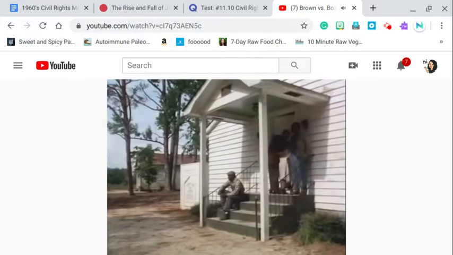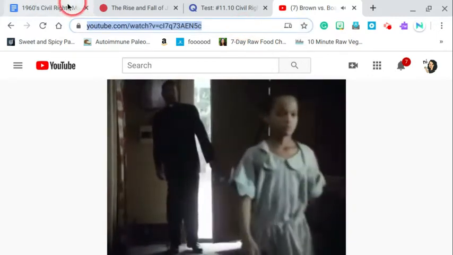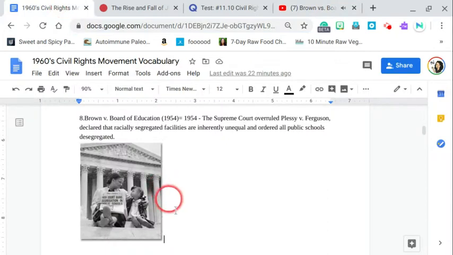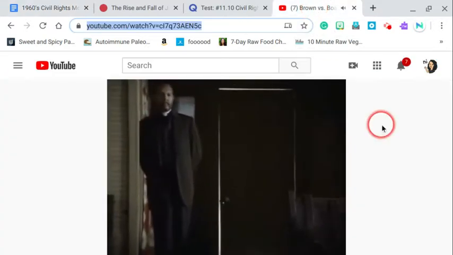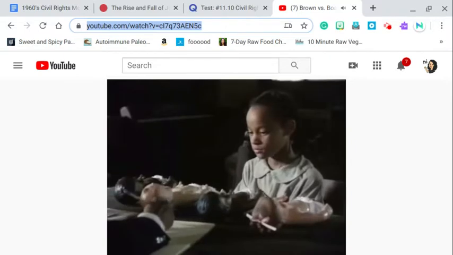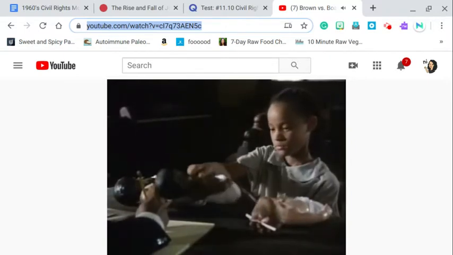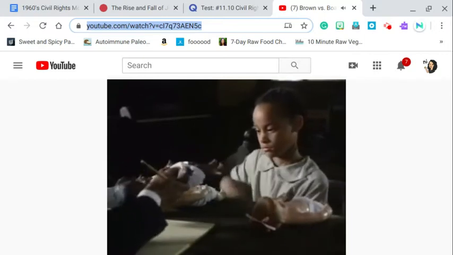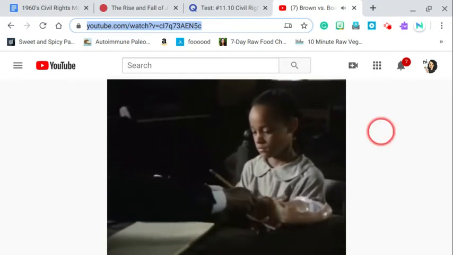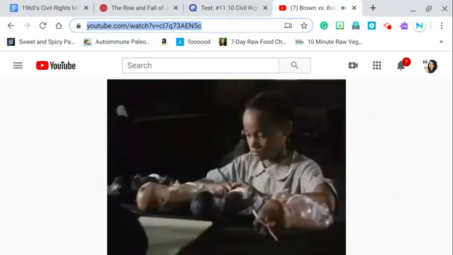So I'll put a link to this. It's very heartbreaking. They've done this study recently, and it's sad to me that it's been more than 70 years, yet many children of color still answer the same way.